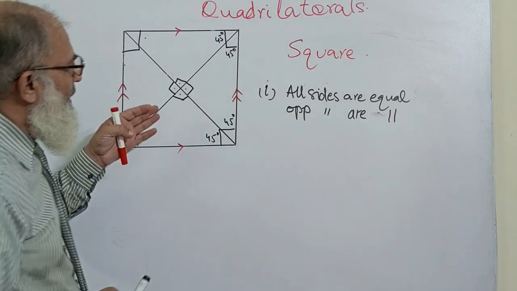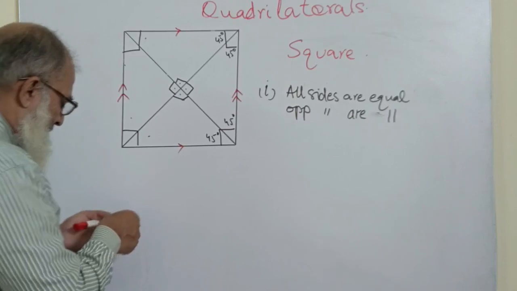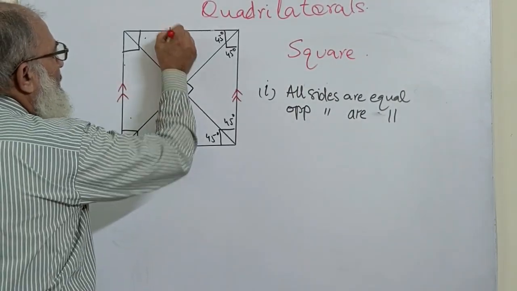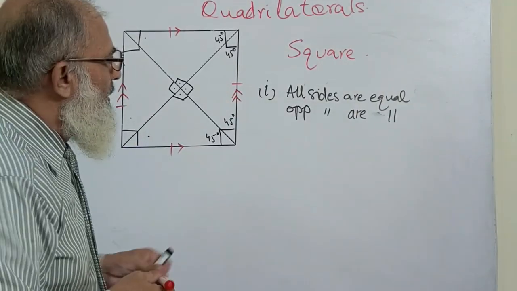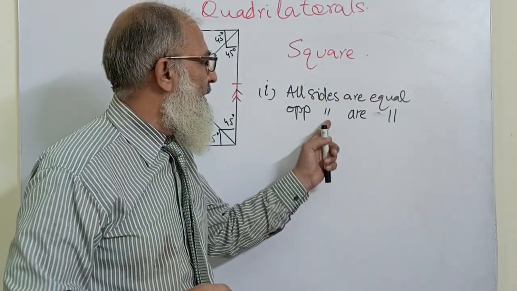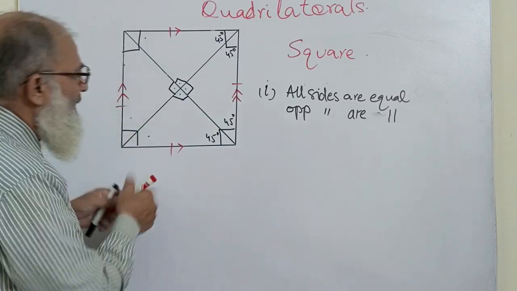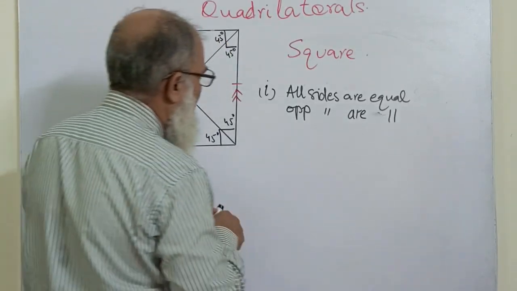So you see that the sides are equal. Now you can draw this line also. All sides are equal, opposite sides are parallel, diagonals are equal.